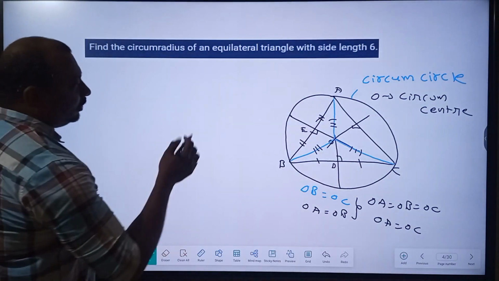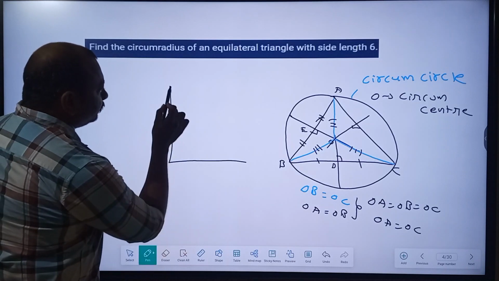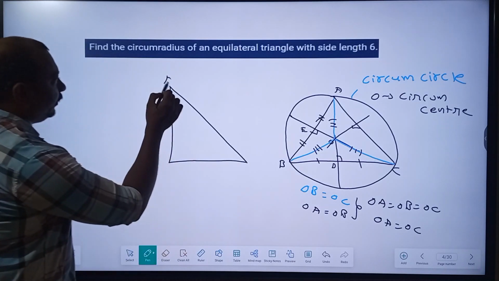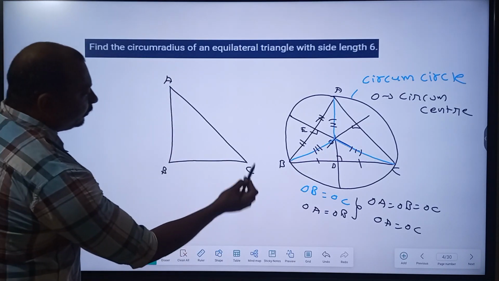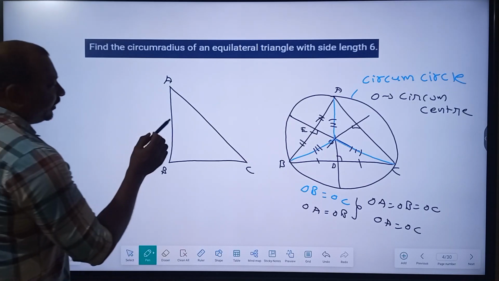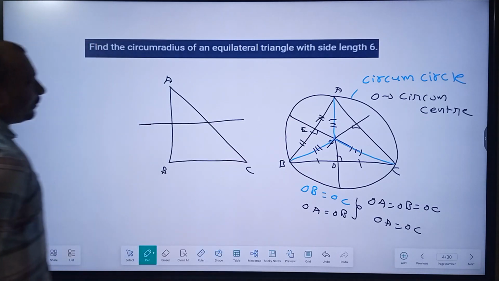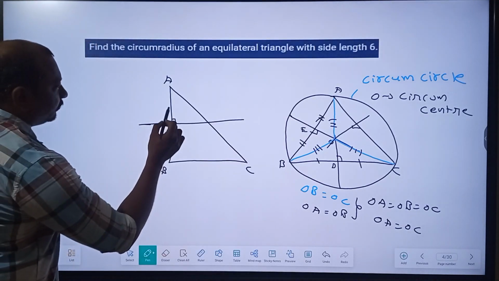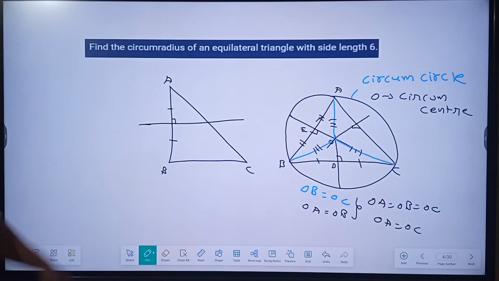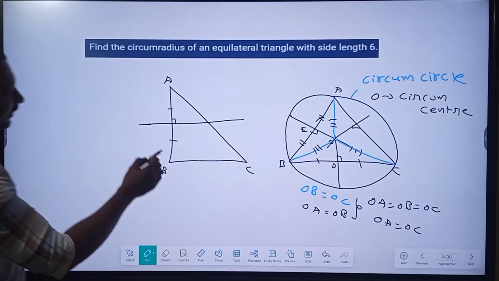Now, if this triangle ABC is a right angle triangle, I am considering the perpendicular bisector of this line AB. It bisects AB and is perpendicular to it. Here it is 90, here also 90.